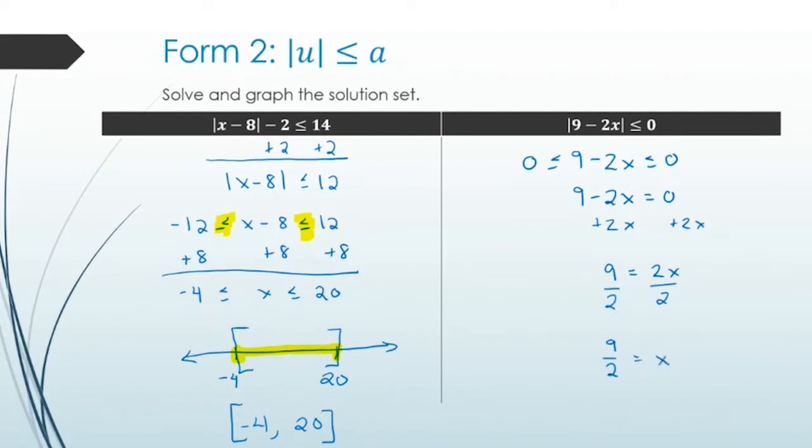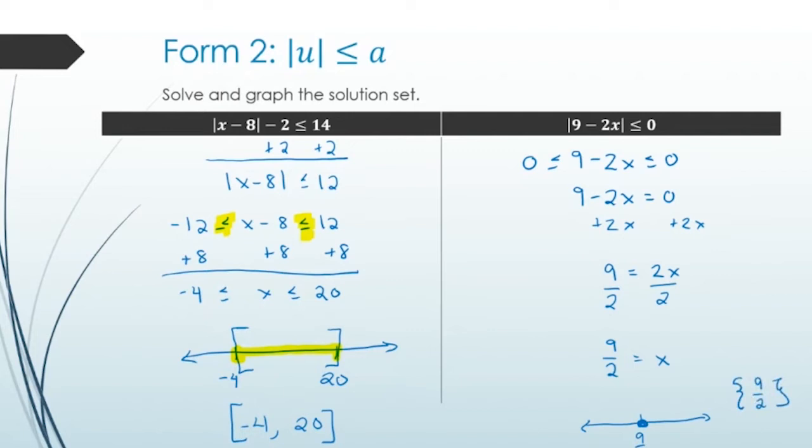When we graph this, it is just a dot. Basically, at 9 halves, we only have one solution. It's just a closed circle. And when we put this in interval notation, you actually use set notation. And we just put it in a set with a single number, 9 over 2.